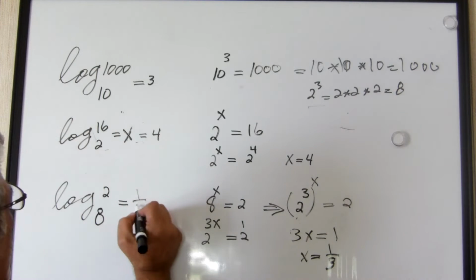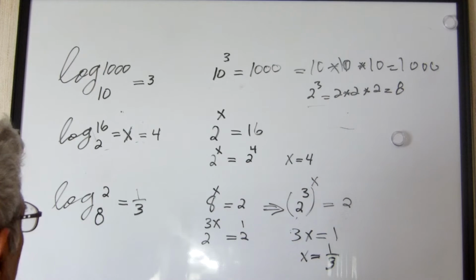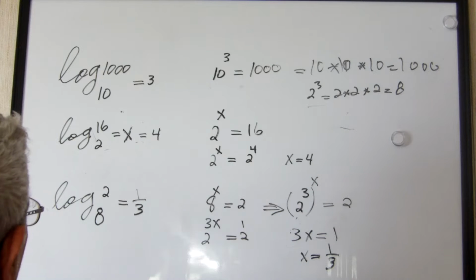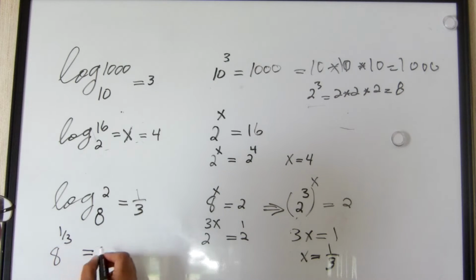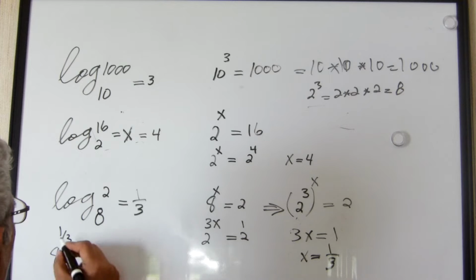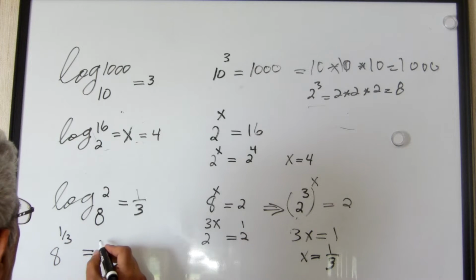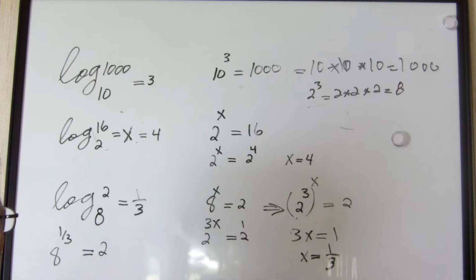So the answer is 1 over 3. So if 8 is to the power of 1 over 3, it's going to be 2.